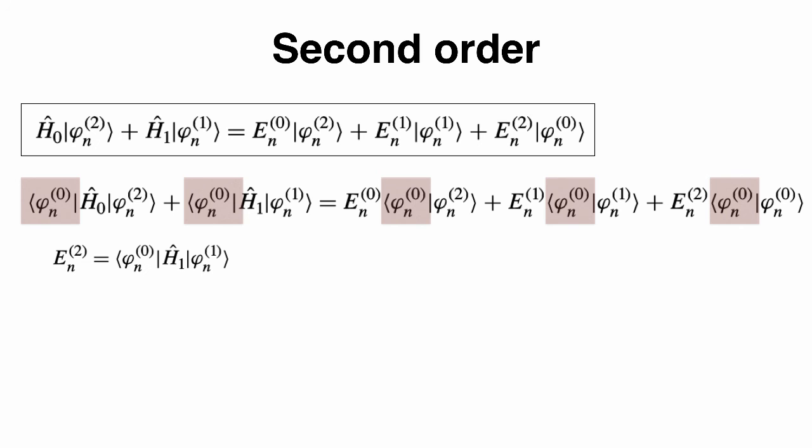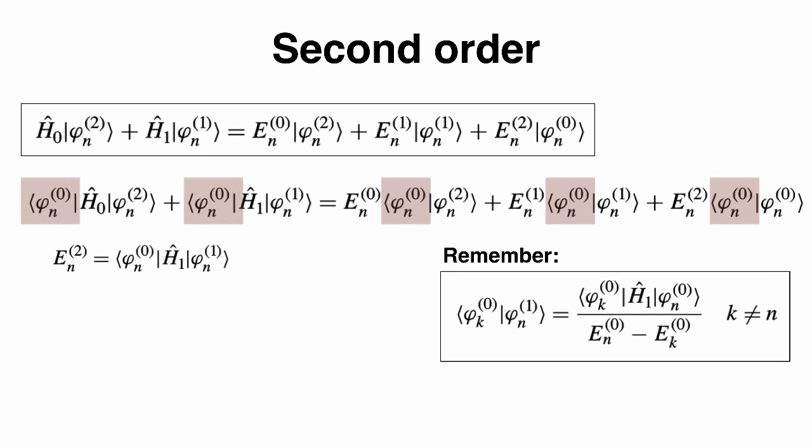We can obtain that by calculating the matrix element between the unperturbed state and the first order perturbation correction. So this is what that equation says. And we of course also remember what the phi n1 actually was. So we can now use the identity operator on the phi n0 basis, and we end up with a correction to the energy that's obtained by the product of two matrix elements.